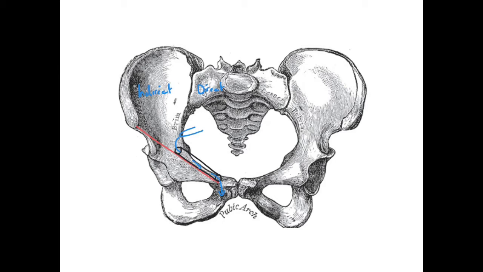So this indirect inguinal hernia comes in the deep ring here, down the inguinal canal, and out the superficial ring, and in some cases into the scrotum here.